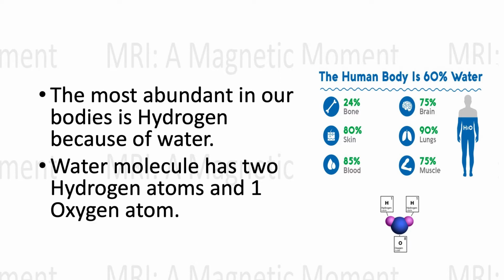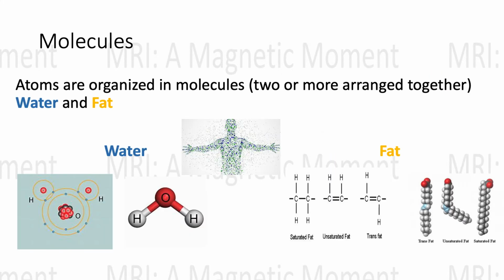We know that hydrogen is one of the most abundant elements found in the human body, because 60% of the human body is water, and hydrogen is attached to oxygen. 2 hydrogen atoms are attached with 1 oxygen and make up the water molecule.